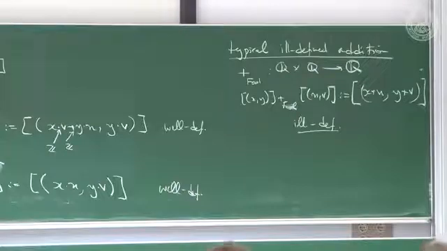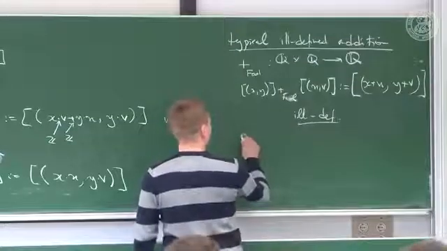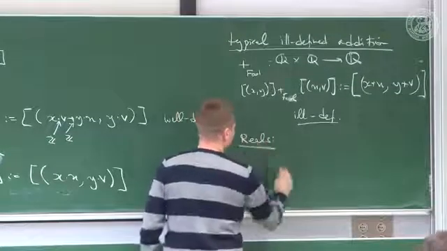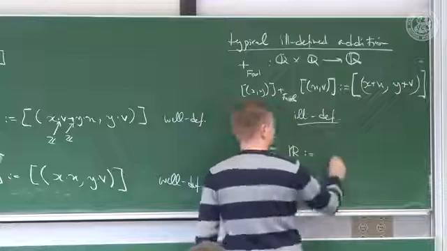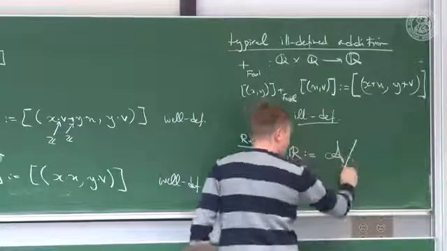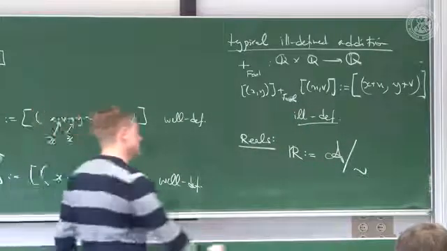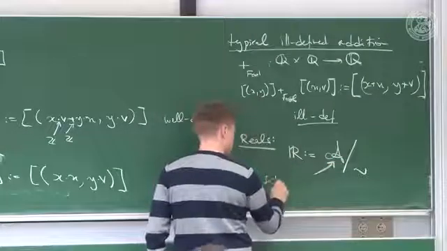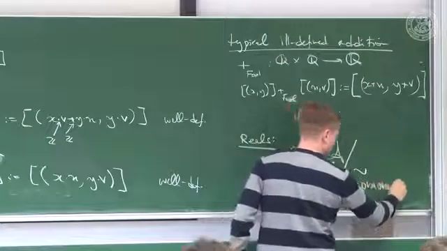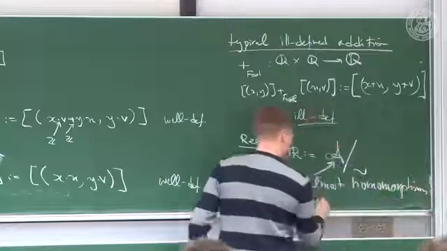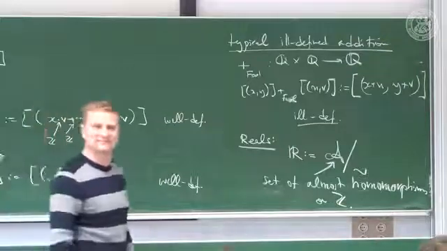Okay. So because time is up, there's just one more remark on the reals. Also, the reals can be defined by way of a quotient set. And the set A is the set of almost homomorphisms on Z. And what that is, I assume you will learn on problem sheet 2.